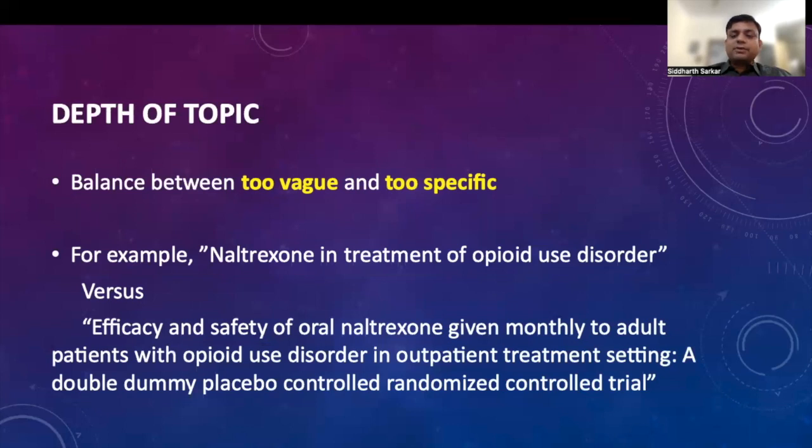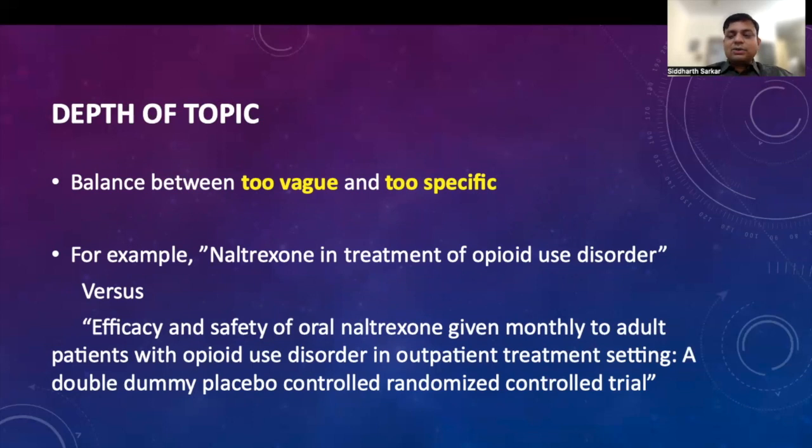So what should be the depth of a topic? It should have a balance between being too vague or too specific. For example, the first topic here, naltrexone and treatment of opioid use disorder, seems very vague. It does not specify which population or what kind of study design it is.